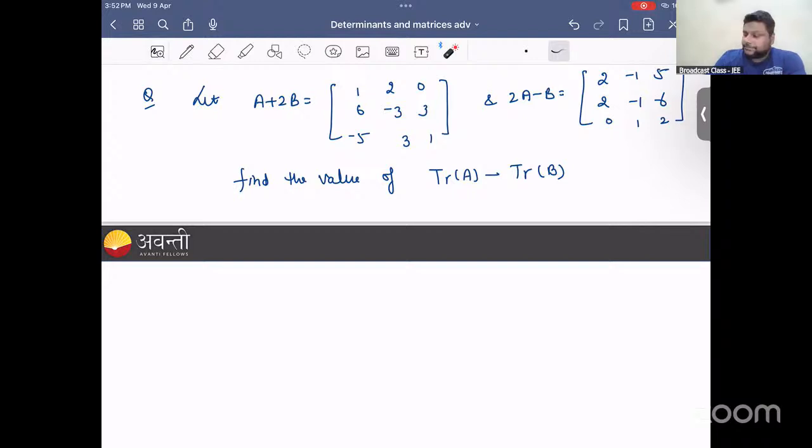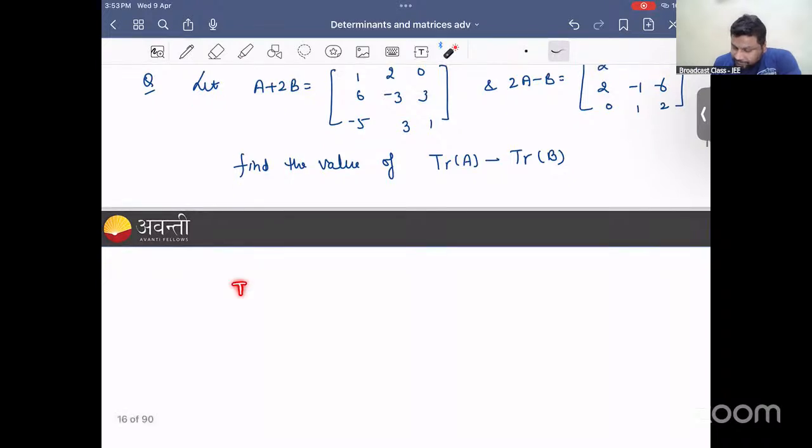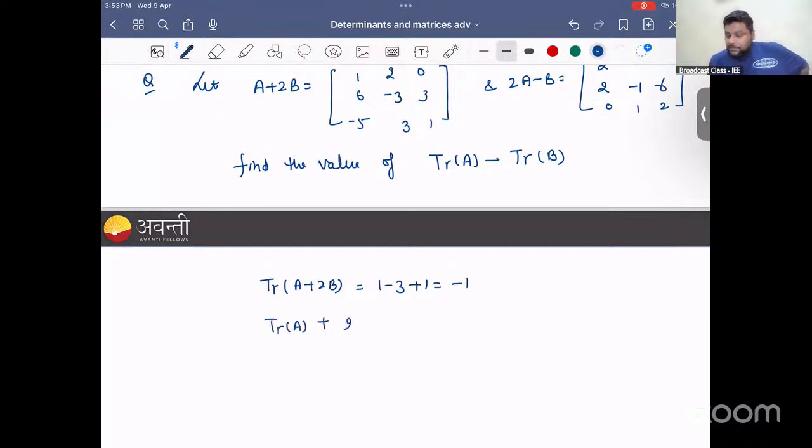Now see. While we see A plus 2B, can I say that trace of A plus 2B is 1 minus 3 plus 1, that is minus 1? That means trace of A plus 2 times trace of B is minus 1. Got it?